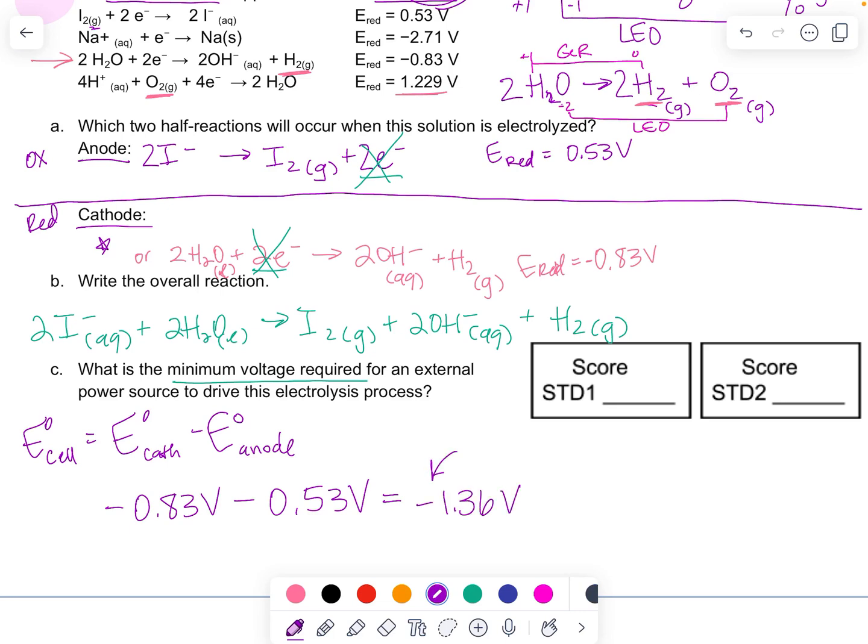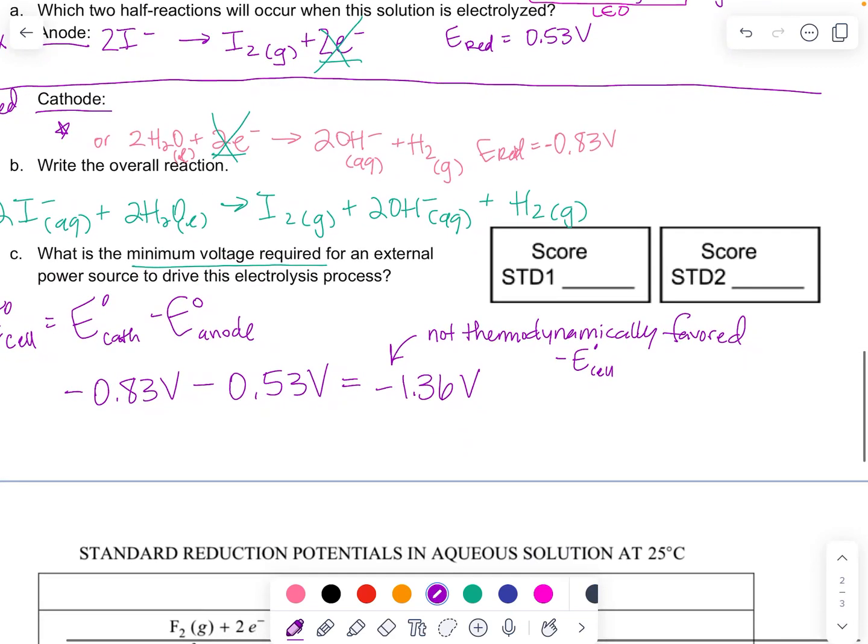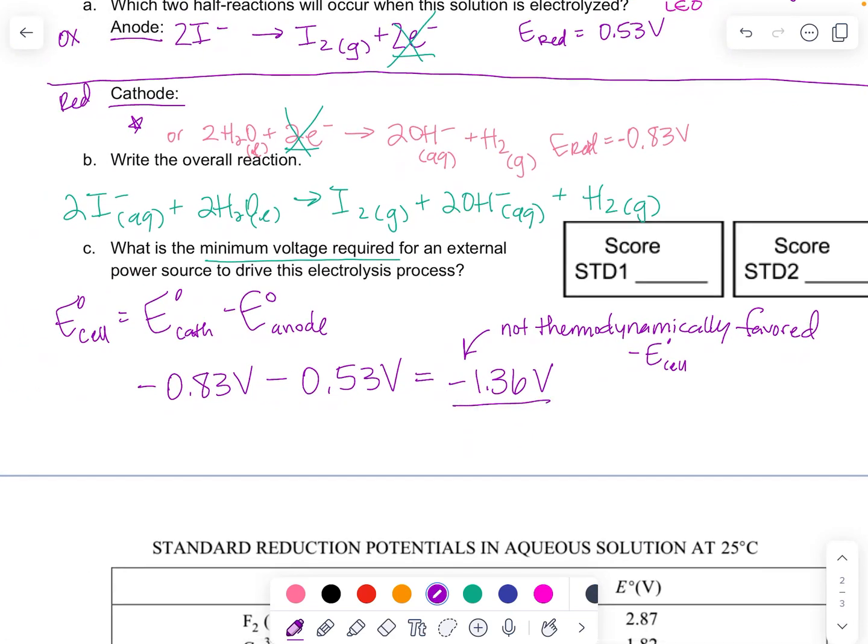We expect this to be negative because it is not spontaneous, not thermodynamically favored is the terminology they like more now. So we expect a negative Ecell. Okay, so in order for this to occur, I have to give the reaction at least this much energy.